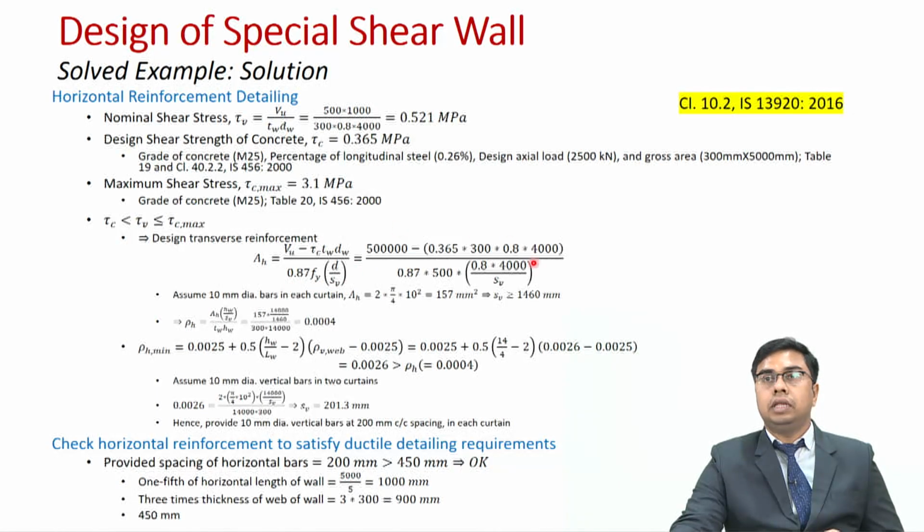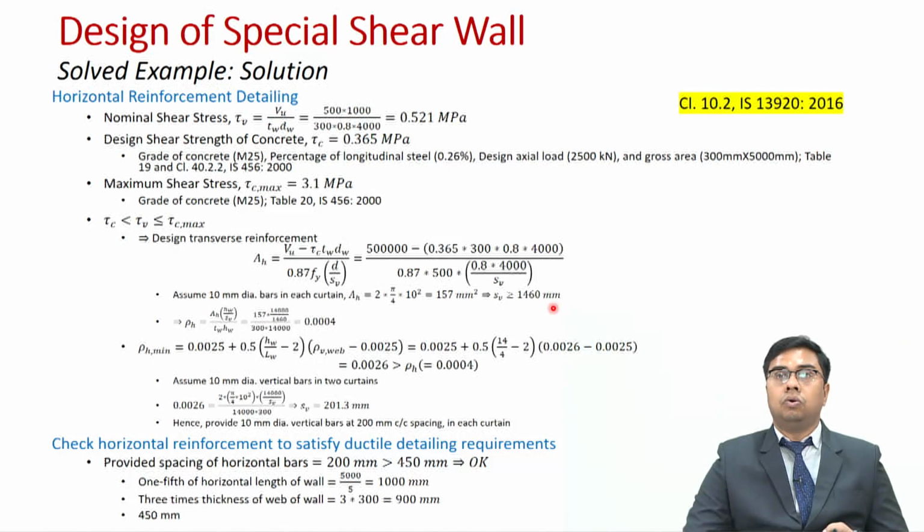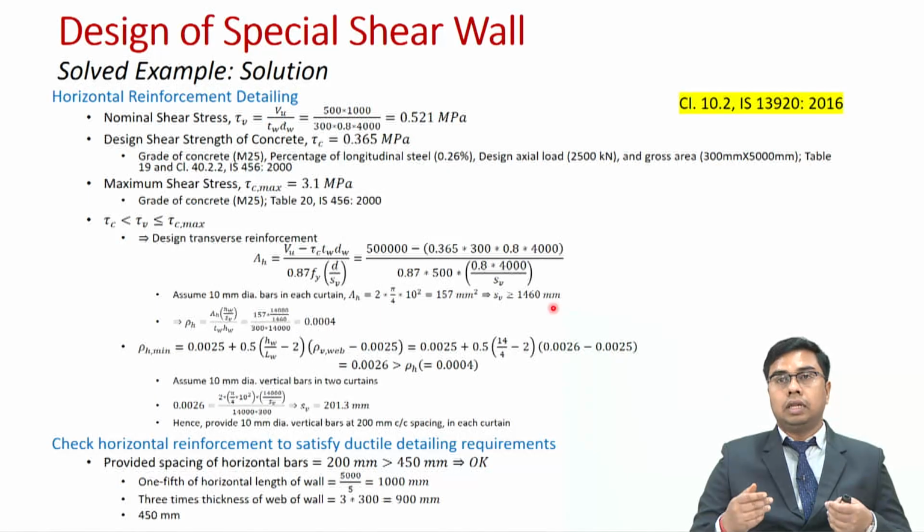Upon assuming that we will be using 10 mm dia bars in each curtain, we have calculated the value of A_H, and on substituting all these values in this expression, we are able to find the value of S_V to be 1460 millimeters. So, the horizontal reinforcement of 10 mm dia in each curtain shall be provided at a spacing not exceeding 1460 millimeters.